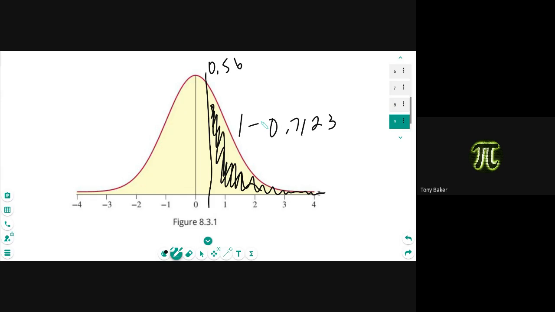So 1 minus that would give me this area here, 0.2877. So that's the probability in that piece there.